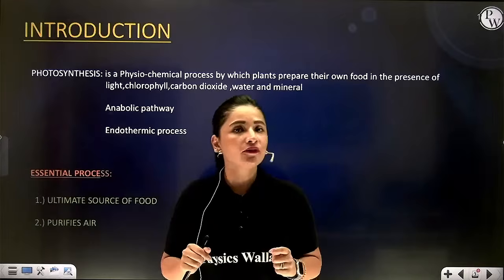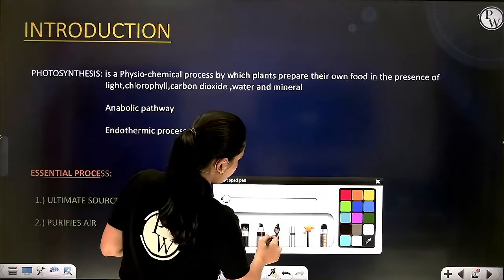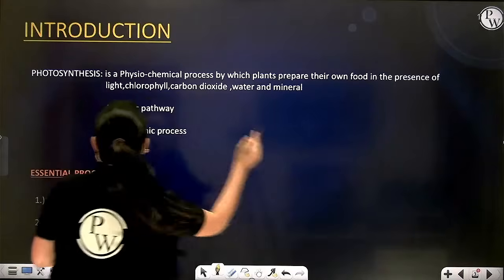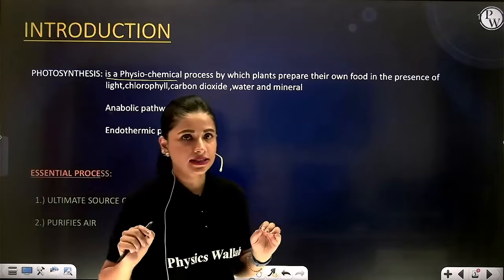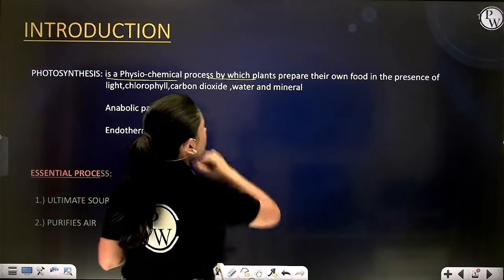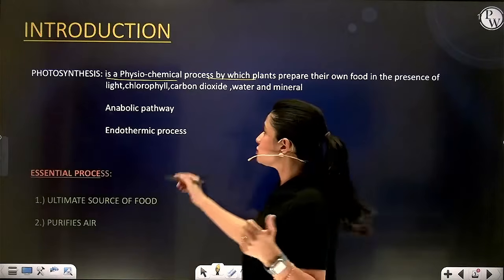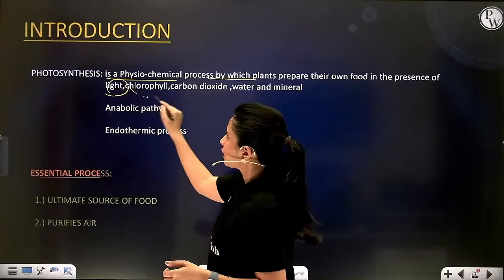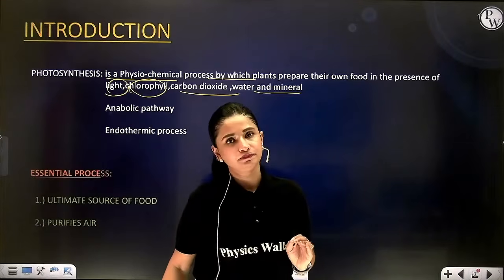So how will you define photosynthesis? Photosynthesis is a physico-chemical process by which plants prepare their own food in the presence of light, chlorophyll, CO2, water and minerals.